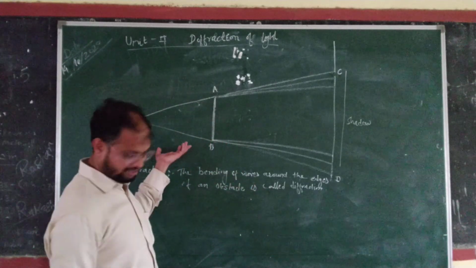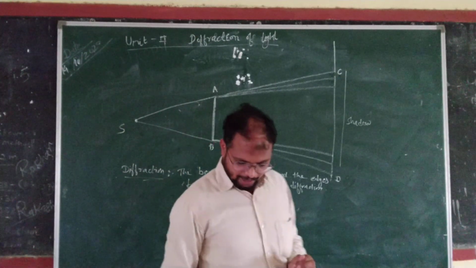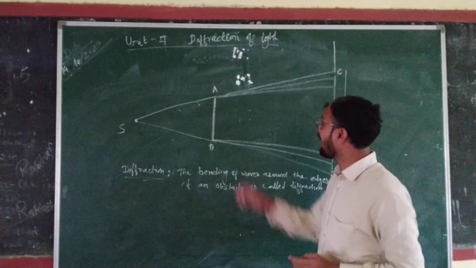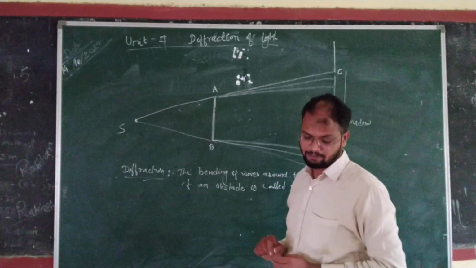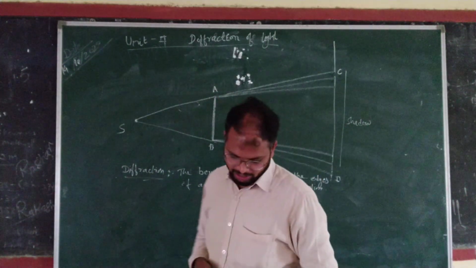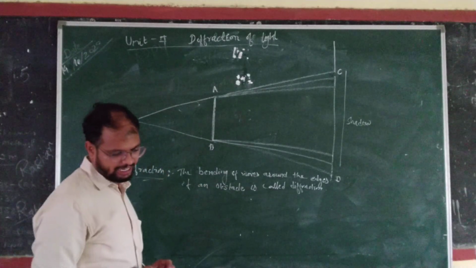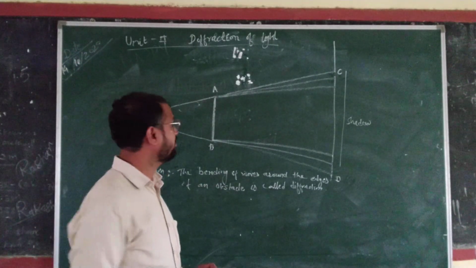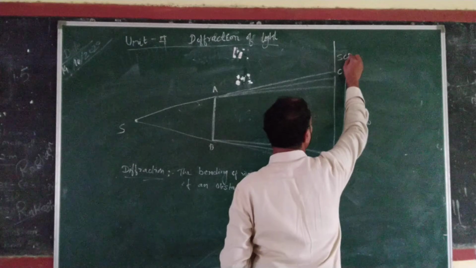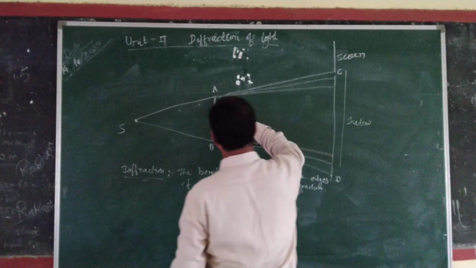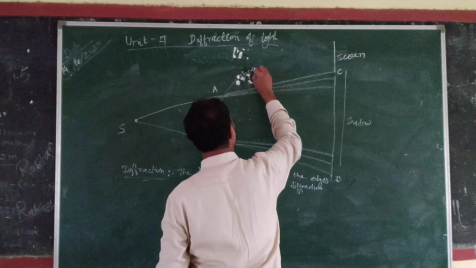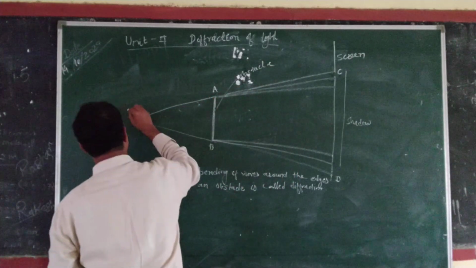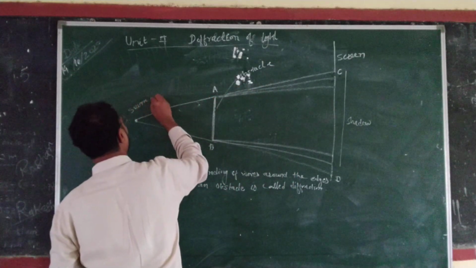This figure shows the bending of waves around the sharp edges of an obstacle AB, and region CD is the screen. This is the screen, this is the obstacle, and this is the source of light.